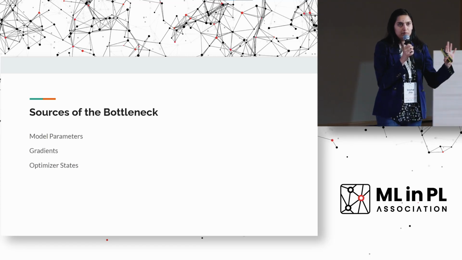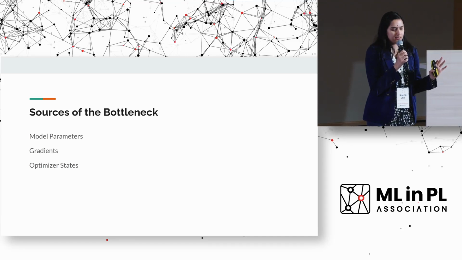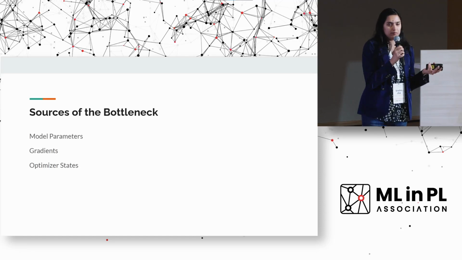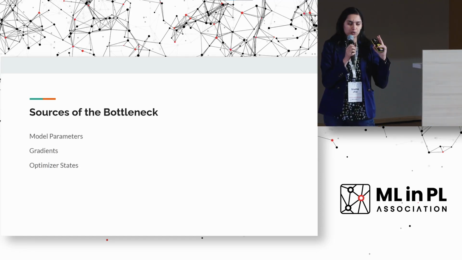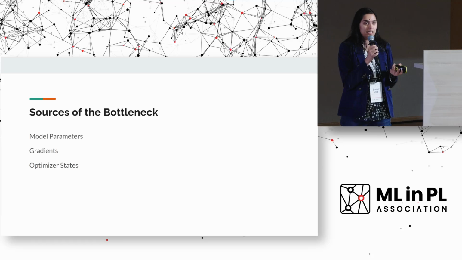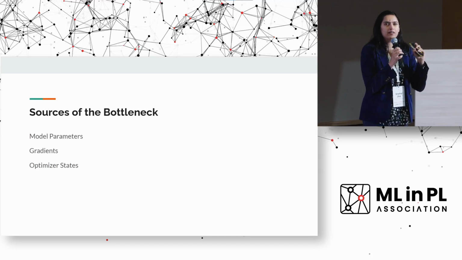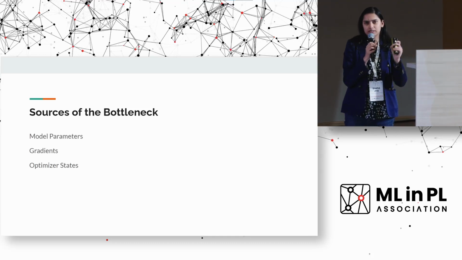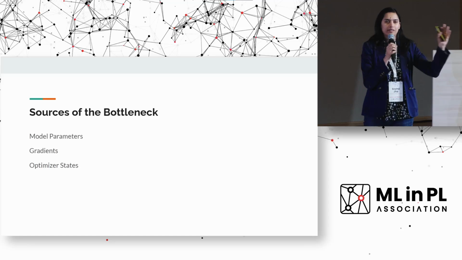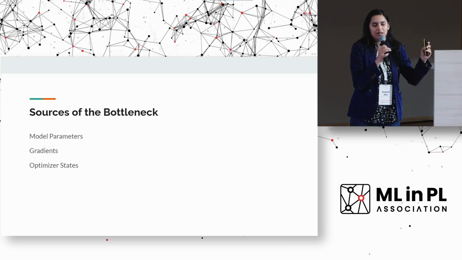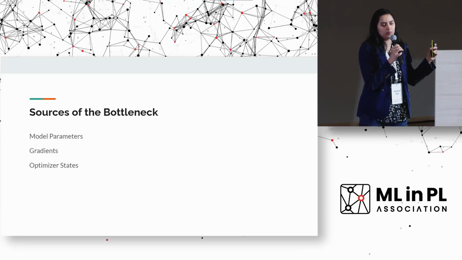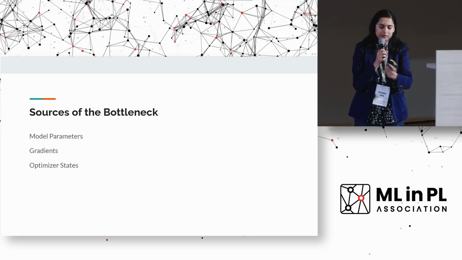There are 3 major sources of these bottlenecks. You need to work with your model parameters. You need to save your gradients. And the killer component is the optimizer states. There are a few other smaller things. Your activation weights have to be stored. There are other parameters that come in when you add new components, as you will see.